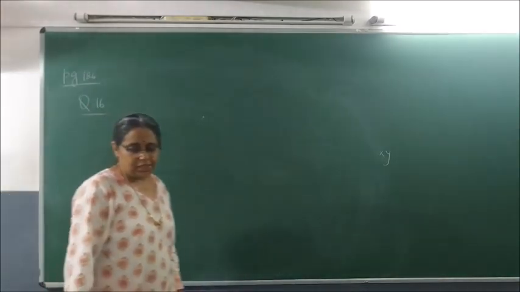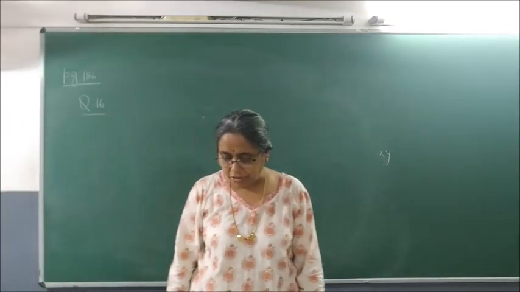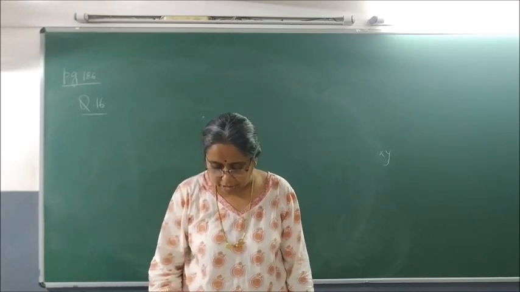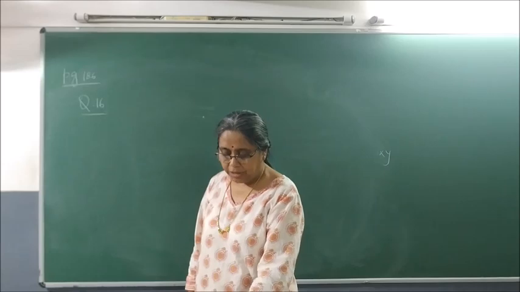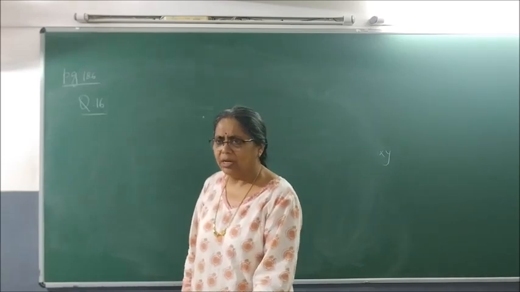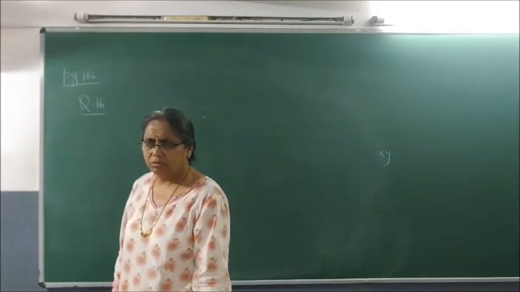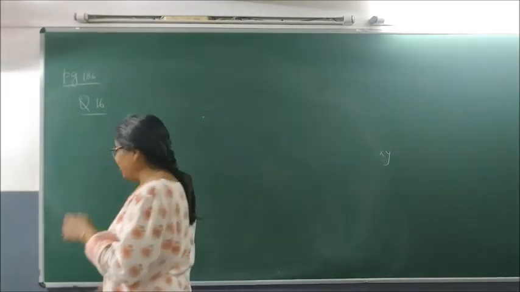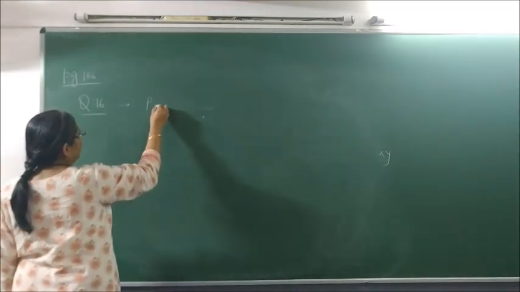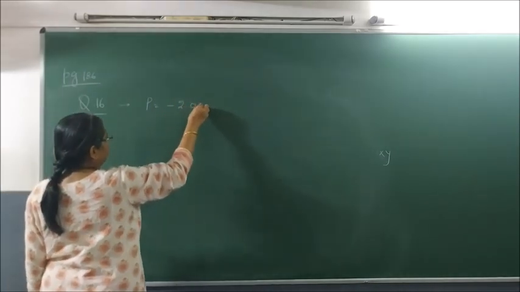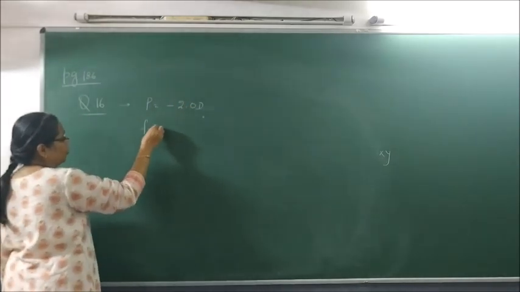The question number 16 says: find the focal length of the lens of power minus 2.0D. This is the same question. So we will write it here. Question number 16 says the power is minus 2.0 diopter. So you have to calculate focal length.